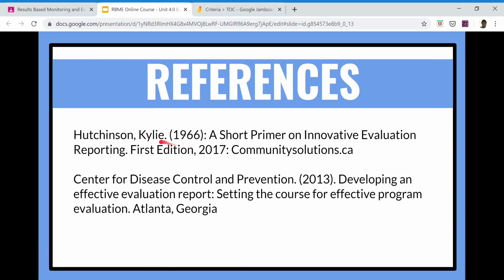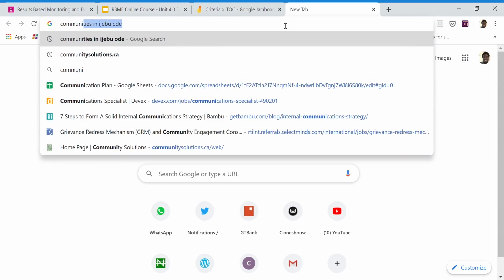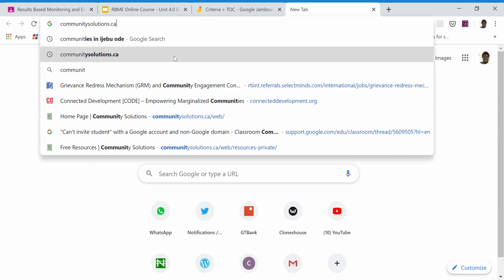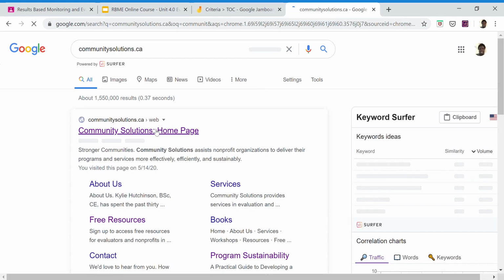So this book from Hutchinson is a good book to look at, and you should also take a look at communitysolutions.ca. That's a website that I highly recommend for you to get insights into systemic evaluation reporting, and it has several resources and tools that can be used by an evaluation community.